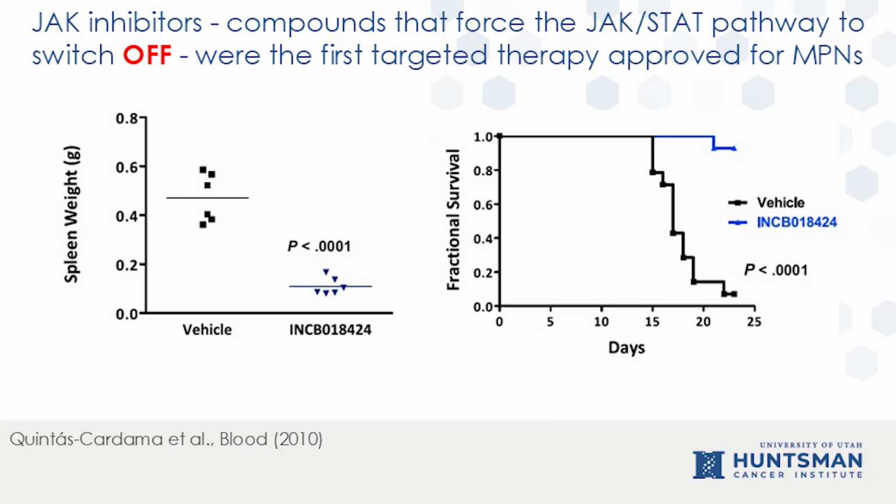This drug is really, really good at getting rid of all those extra cells in your bloodstream that are making your spleen big, that are making you feel bad. So this was a really seminal discovery in the field. The problem with this drug is that it's not that effective at getting rid of that mutated stem cell, which causes the disease. That's what we're trying to figure out now: how do we get rid of that mutated stem cell so that we can give people ruxolitinib, they can feel better, but we can also get rid of their mutated stem cell.